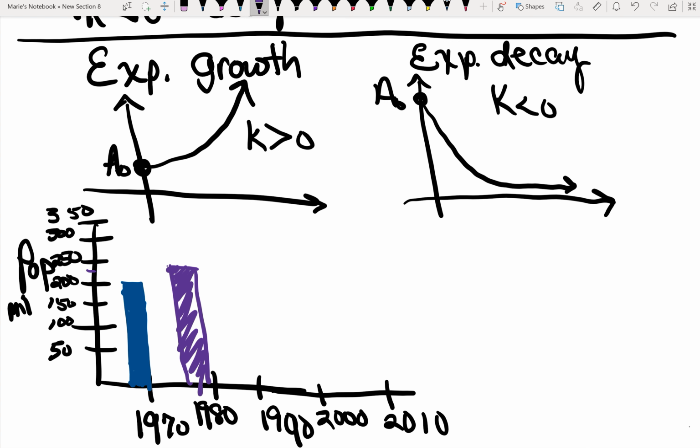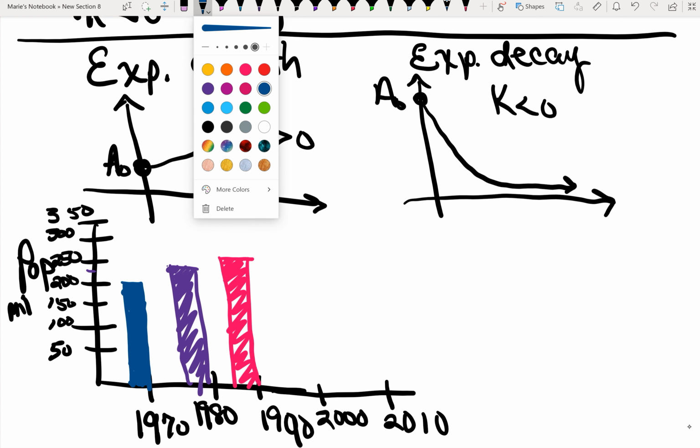1990, we're almost at 250, so it's slightly higher than the 1980, but just a smidge below 250, and I'll give you the exact number in a minute. Then they give us, let me change this to orange.